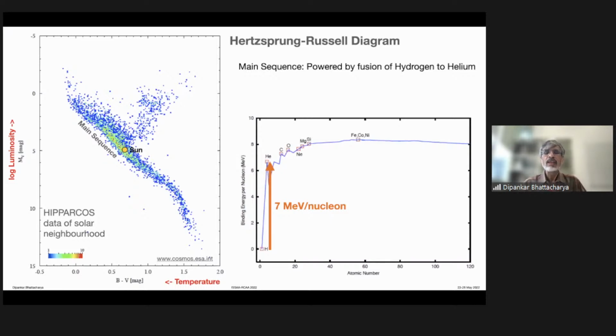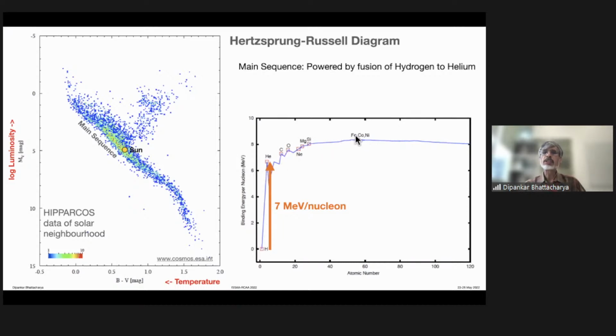Because in all the processes of fusion that you can think of, going from the lightest element, hydrogen, to the peak of the fusion curve, which is the iron nucleus over here, because binding energy per nucleon keeps going up as you go up in atomic number. And then after iron, it goes down. So that means you can't have spontaneous fusion beyond this point because that will become endothermic, not exothermic.